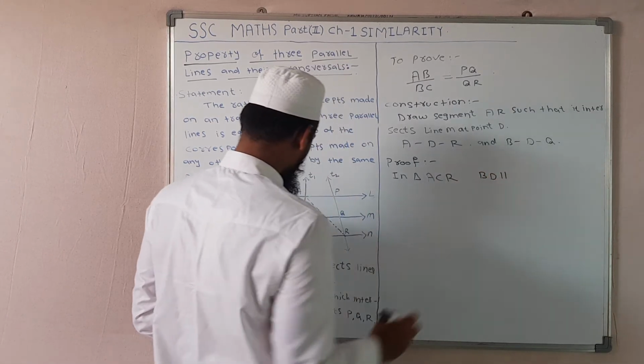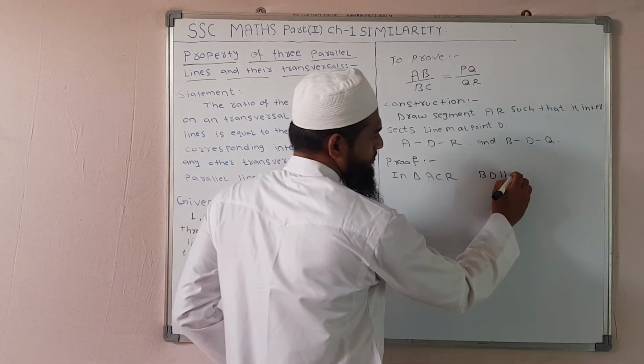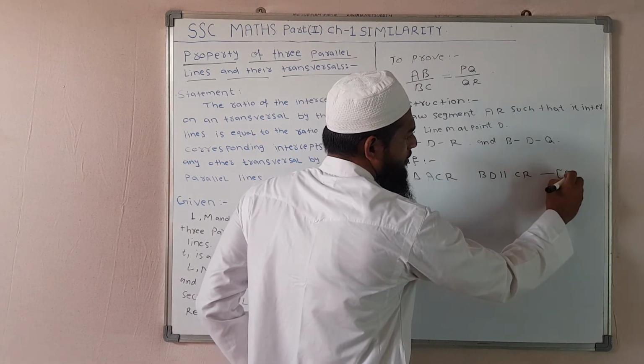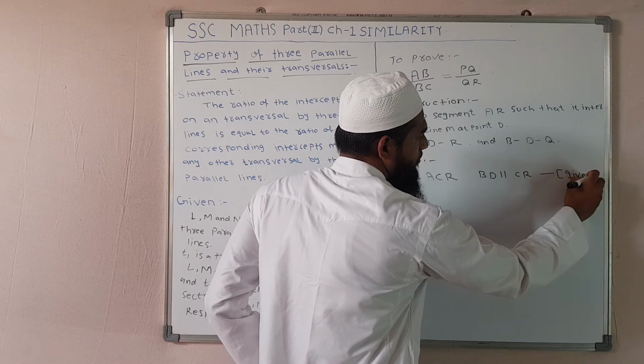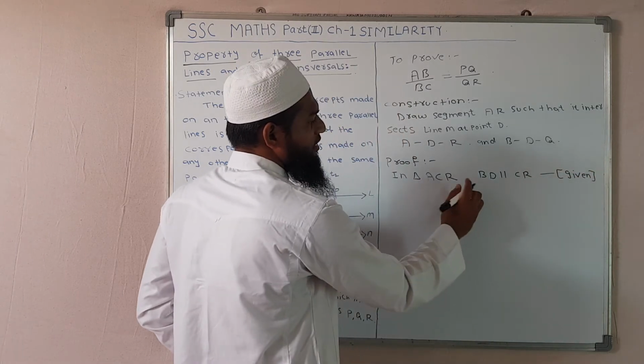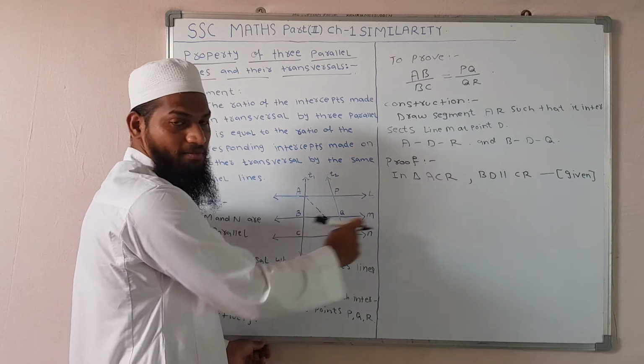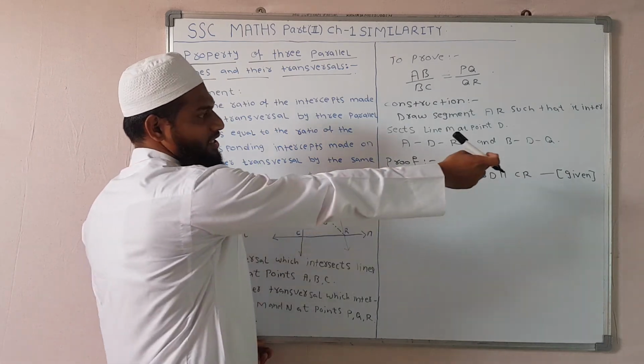BD is parallel to CR. What is the reason? Given. These are the parallel lines, so this is given.